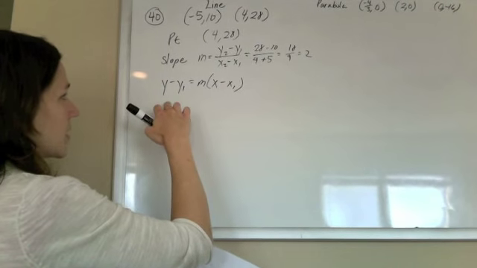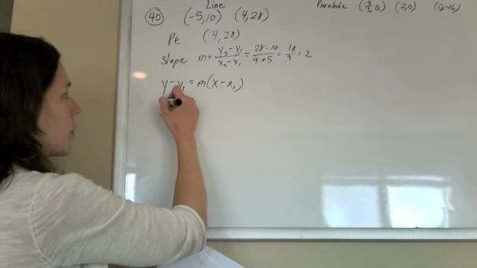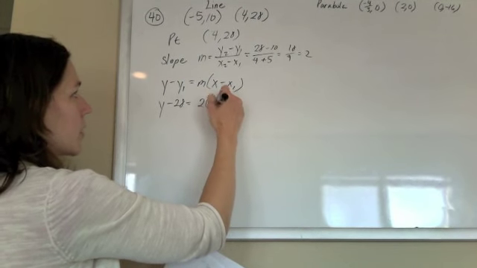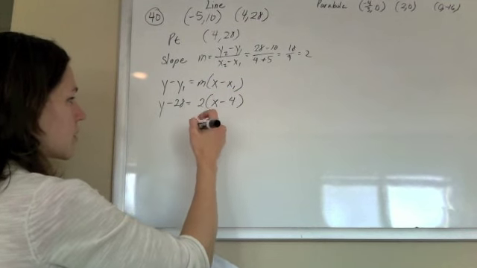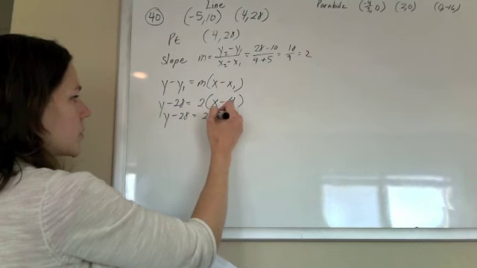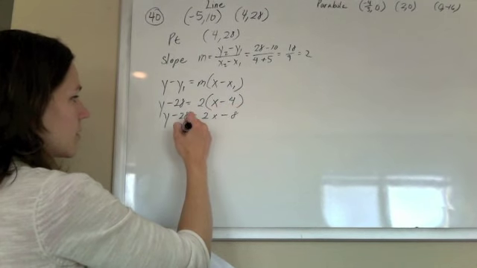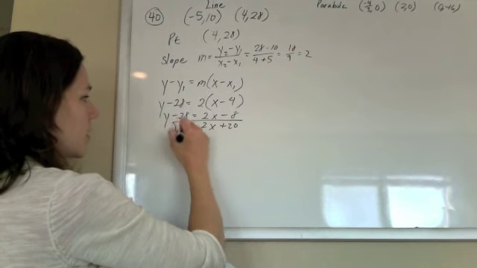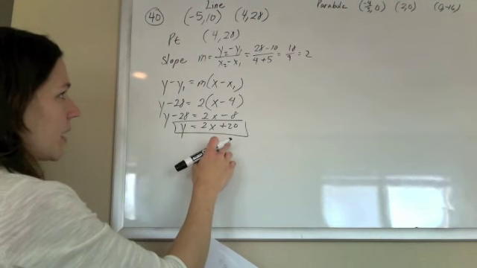And then plug and chug into here. So I've got y minus y1 equals my slope times x minus x1. So y minus 28 equals 2x minus 8. So y is 2x plus 20. So there's the equation of my line.